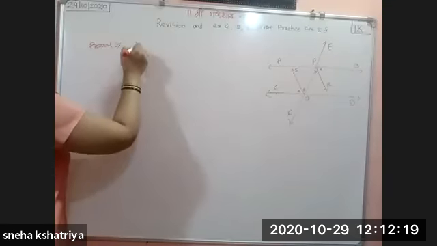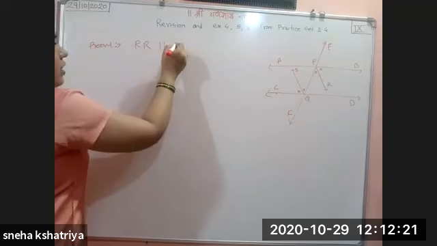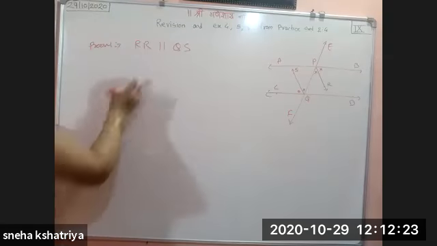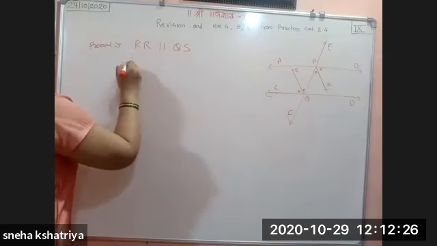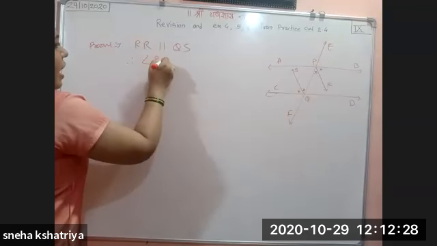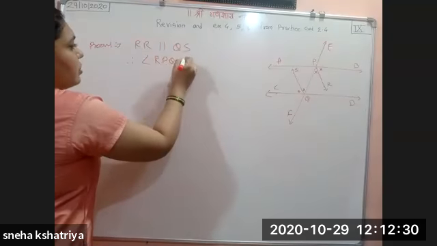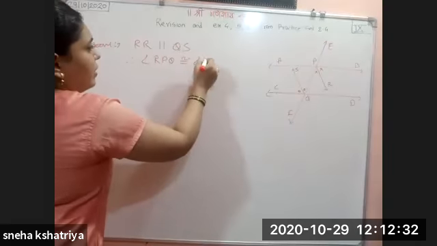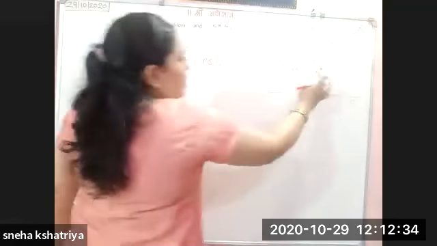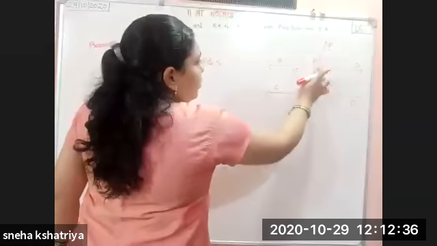Given that PR is parallel to QS. Therefore, angle RPQ is congruent to angle PQS.